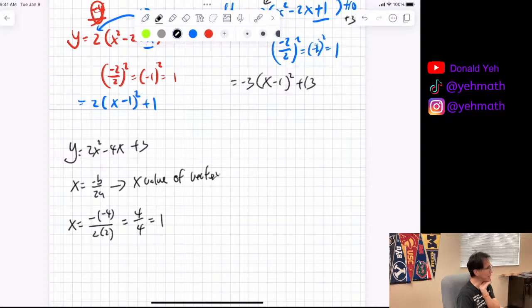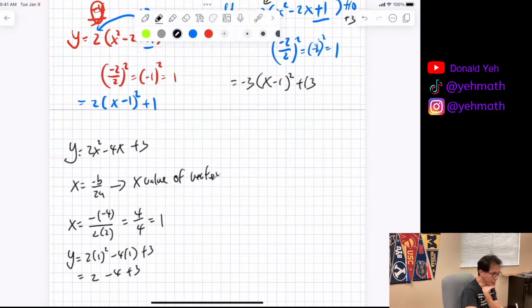How do you find the y value of the vertex? Plug it back in, right? So can I plug the 1 back in? That's equal to 2 minus 4 plus 3. That's equal to what? 1. All right, so now I'm going to take this information, I circled 2, 1, 1.